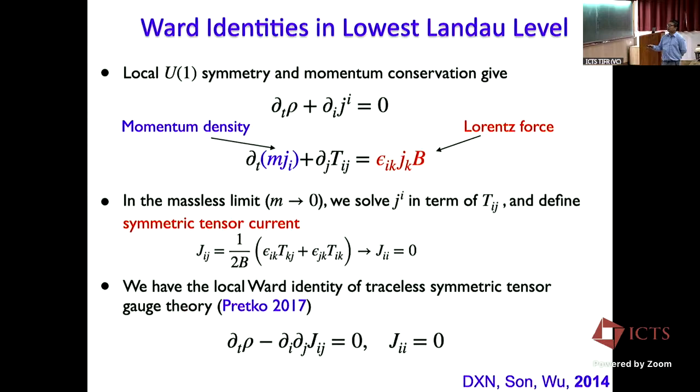So M multiplied by the current equals the momentum density, so the derivative of the stress tensor exerts a force on the element, and here is the external force, the Lorentz force. So the second equation is just the conservation of momentum. Now again we go to the lowest Landau level limit. Ignore this term. So basically from this you can obtain the current from the stress tensor in explicit form.